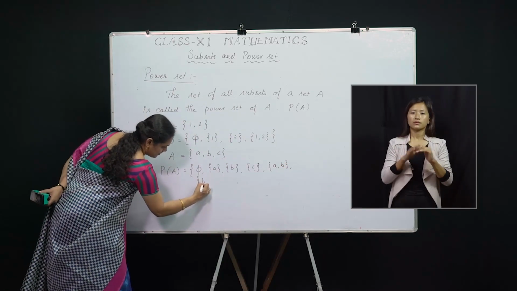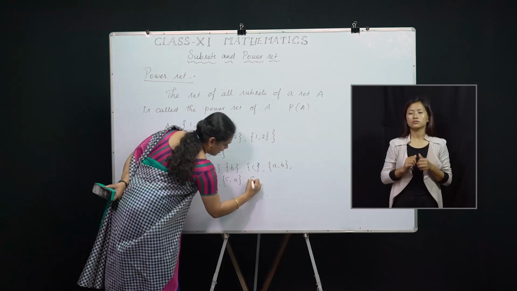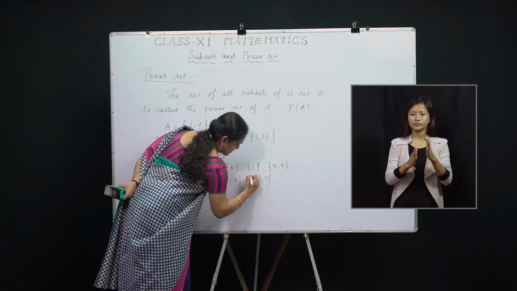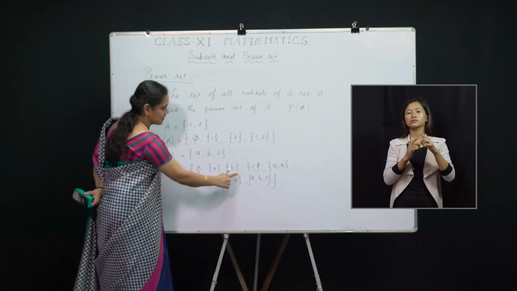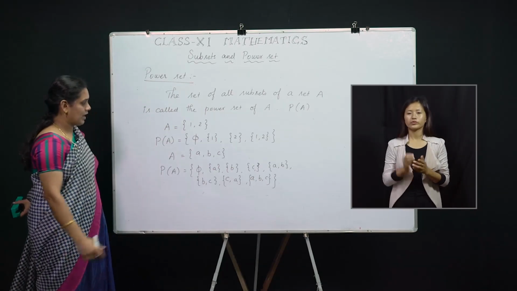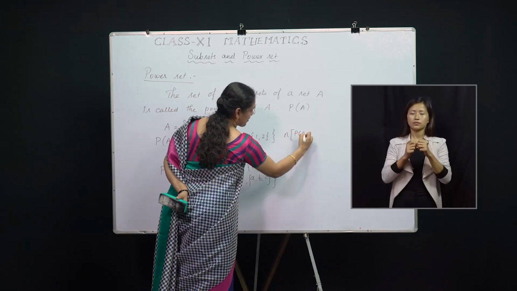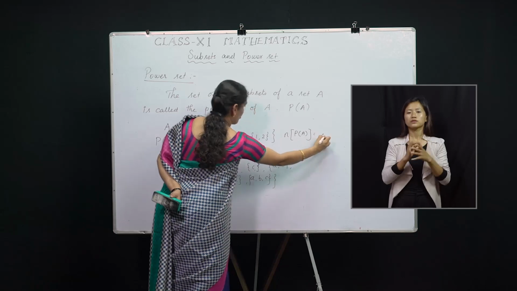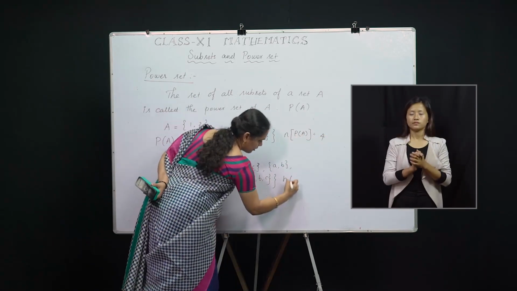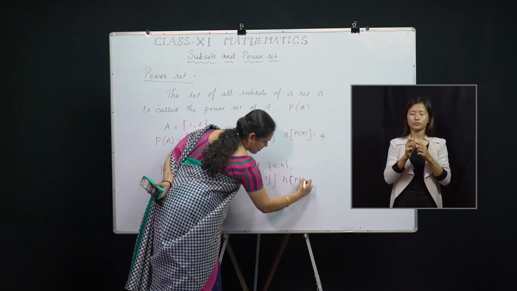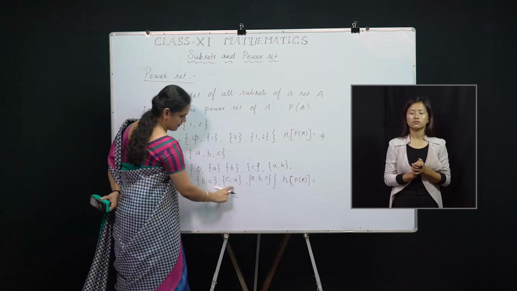And then {b, c} is also a subset, and {c, a}, this is also a subset, and finally {a, b, c}, the set itself, right? Don't forget to put the brackets and also the commas in between. And here how many do we have? n(P(A)) is 4, right? 1, 2, 3, 4, 4 elements. And here n(P(A)) is 1, 2, 3, 4, 5, 6, 7, 8.